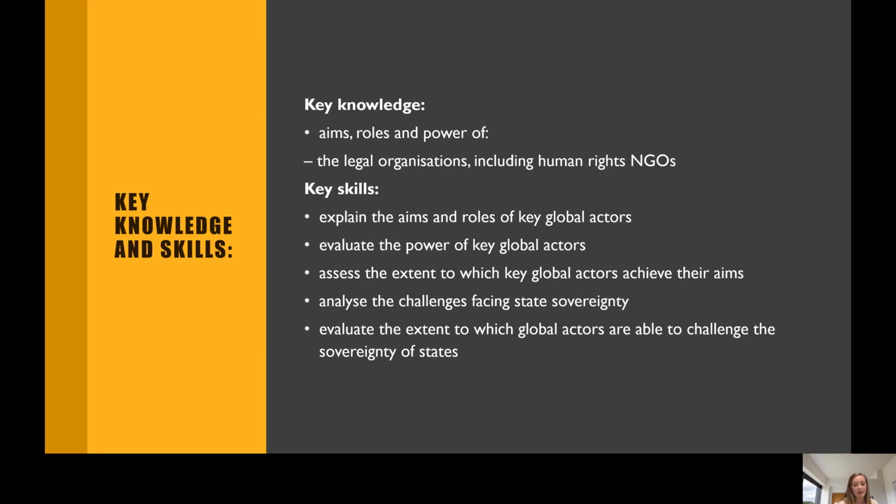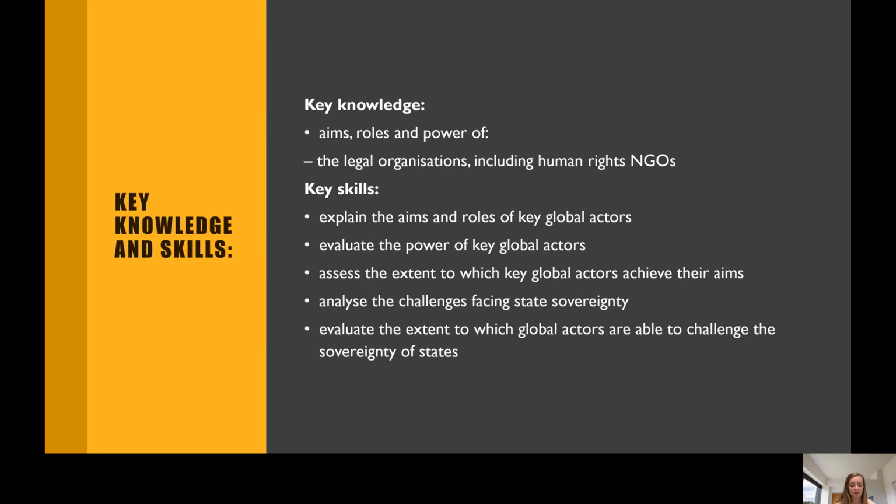How do they not? And then finally, evaluate the extent to which Amnesty International has been able to challenge the sovereignty of other states. And overall, they really haven't. They provide suggestions to states, and states can choose to either take on board the suggestions or just ignore them. But let's get into it.